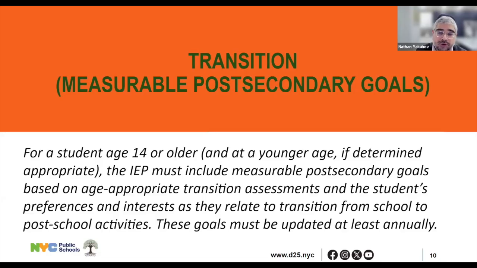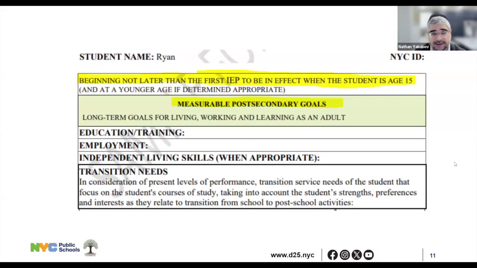We want to know what goals we have for them as they transition out of high school into that area of the world. And you would see a section like this on the IEP, measurable post-secondary goals. So we would list what kind of goals we want in terms of education or training, or what type of goals in terms of employment and independent living skills when appropriate, and then what kind of transition needs they might have.